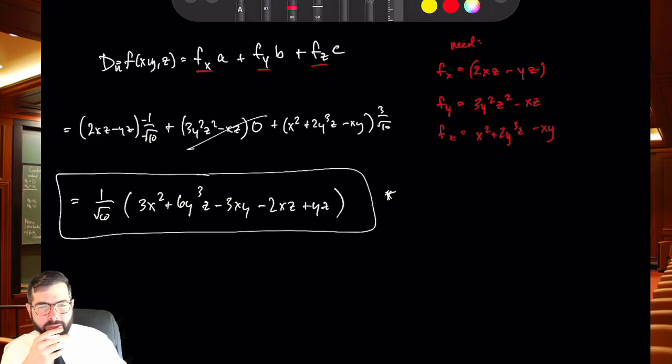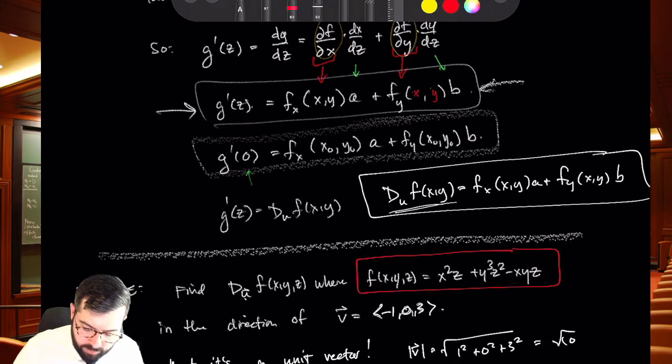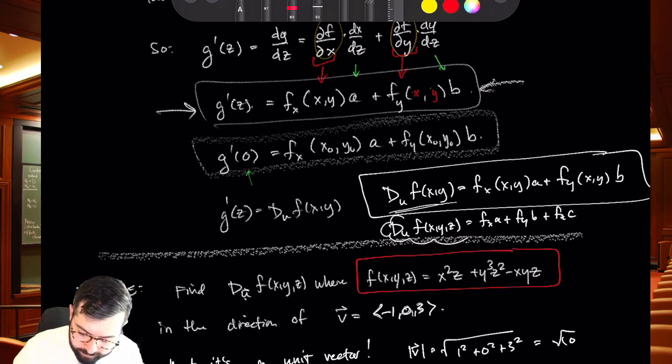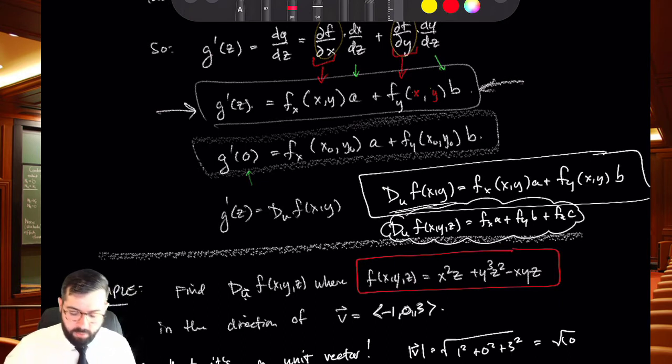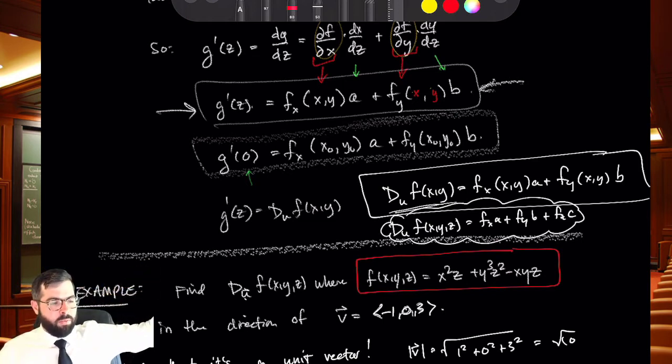But if we think about this here, and again, this extends to not even just three-dimensional, but n-dimensional. What this tells us is that at any point xyz on the surface, what the rate of change is in the function in the direction of u, right?